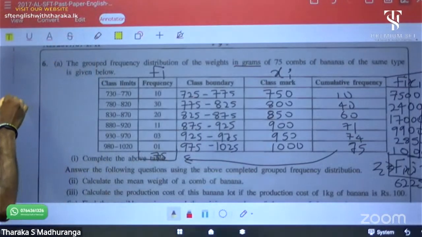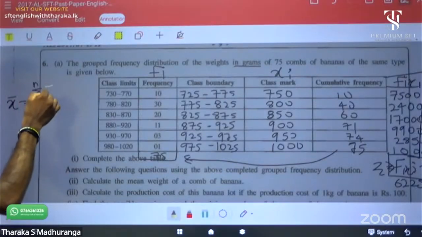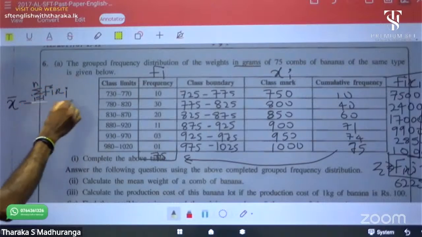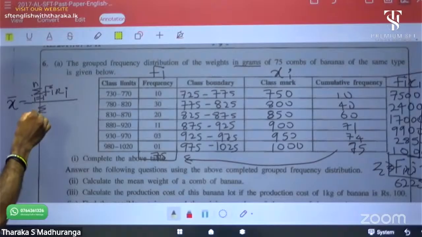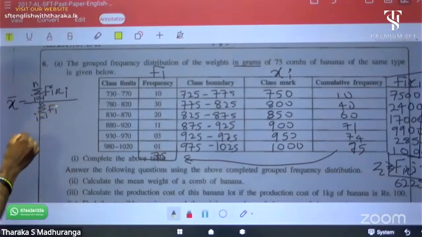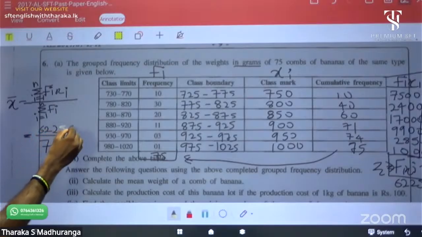The mean x bar equals the sum of fi xi divided by the sum of fi. Sigma fi is 75 and sigma fixi is 62,250.